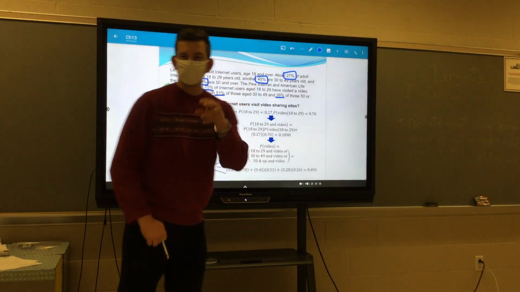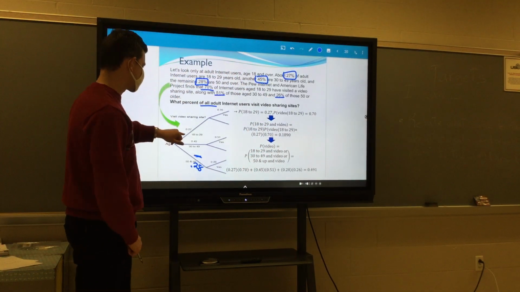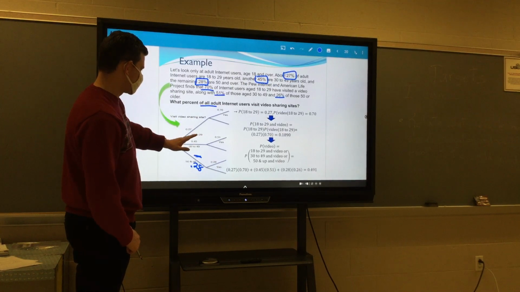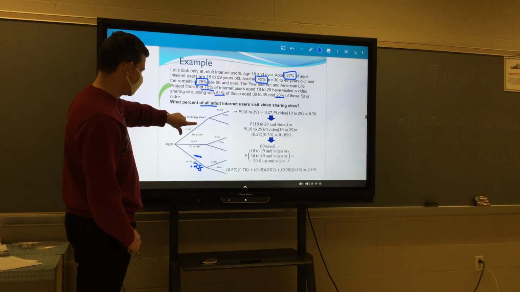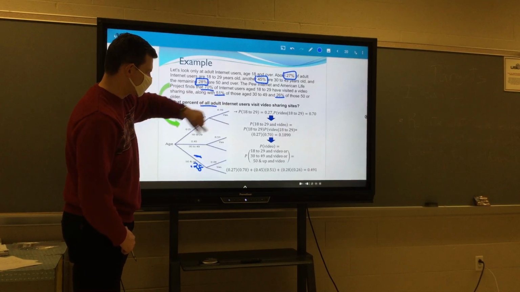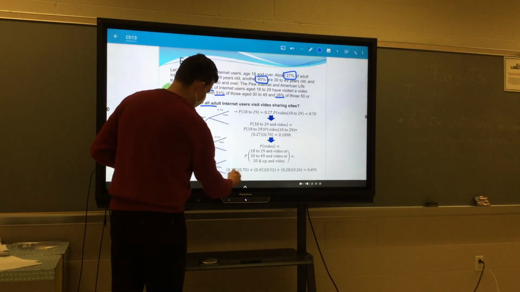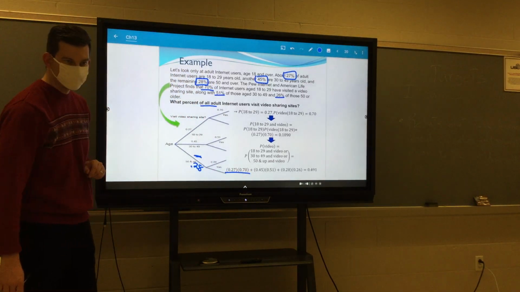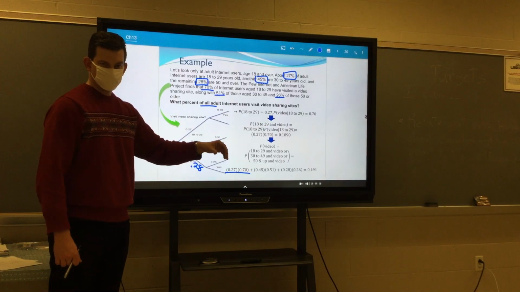Well, we want to follow the branches of this tree diagram. So that would mean that with our first decision, let's go with the young group. 27% chance they're in the young group, 70% of those have visited a video sharing site. So we can multiply 0.27 times 0.7. Or they're in the middle age group.